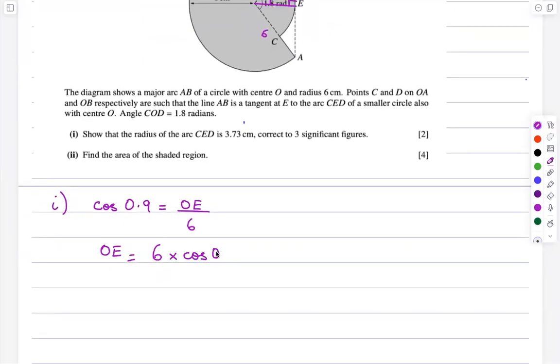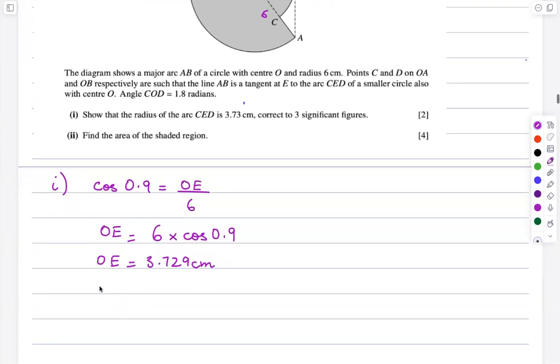So the length of OE will be equal to 3.729 centimeters. And as we have to give it to three significant figures, the length of OE will be written as 3.73 centimeters.